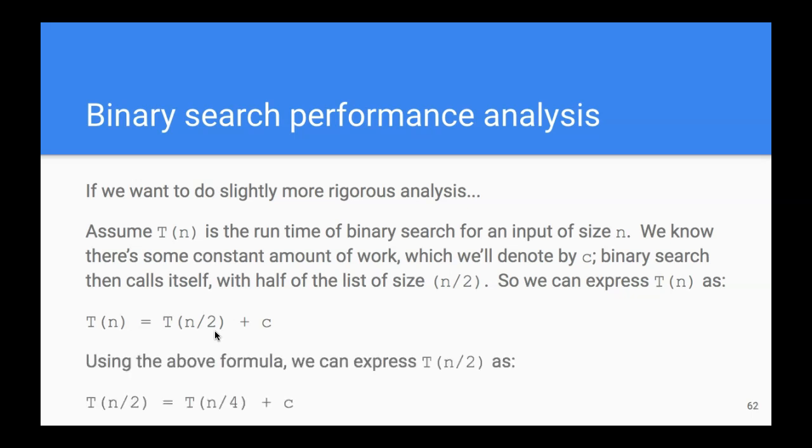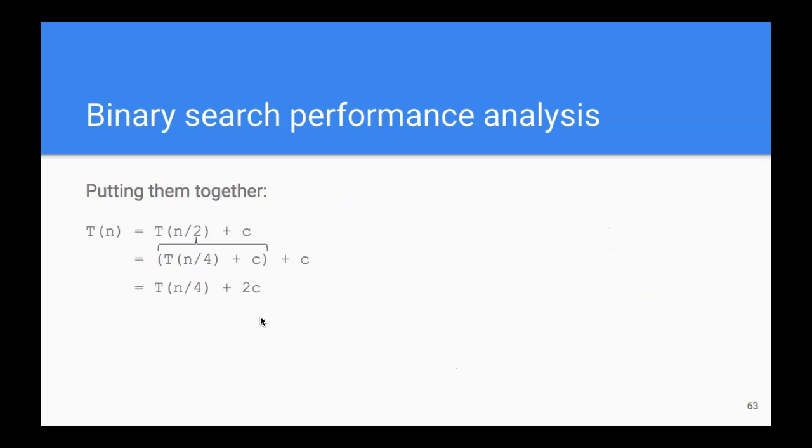All right? So then what is T of n over 2? Well, if we plug in n over 2 into this n here, then we will have n over 2 over 2, which is n over 4. Right? So, okay, next step, putting these two things together.